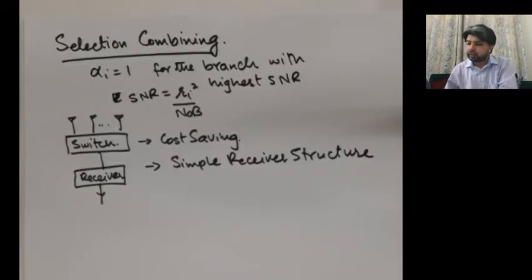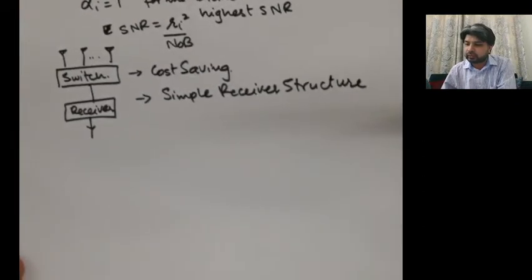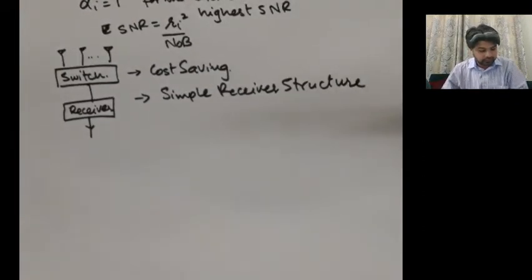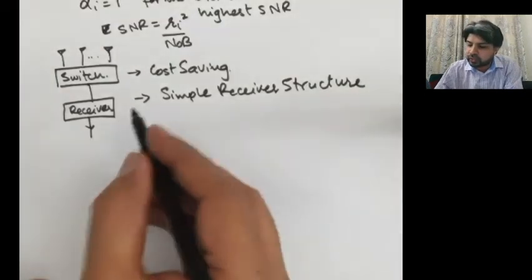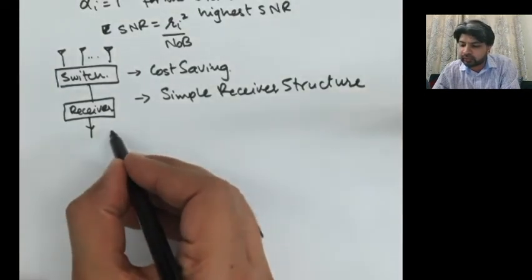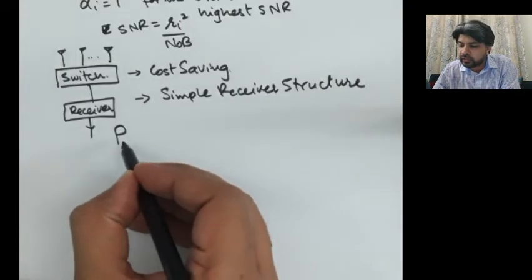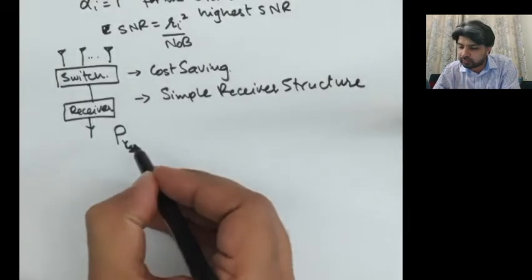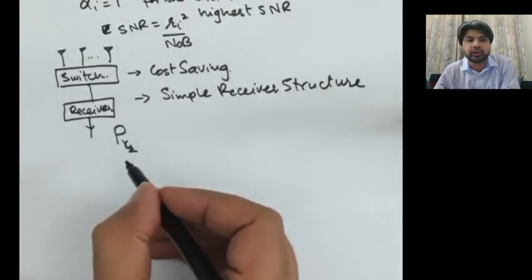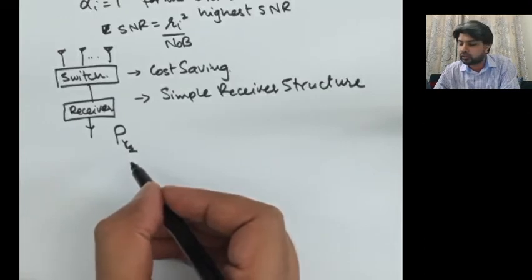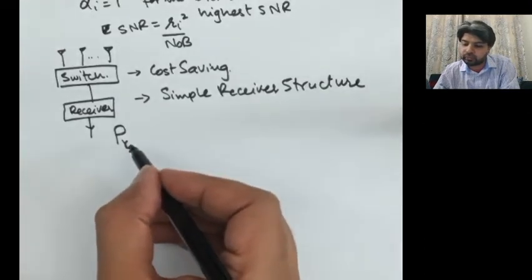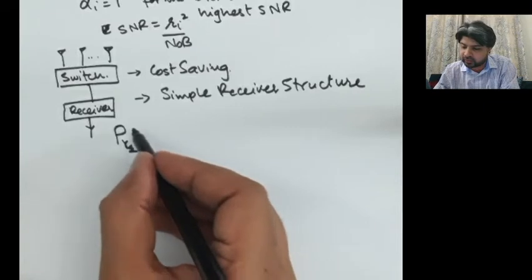We are talking about selection combining, and so let's try to find out the CDF of gamma sigma. The gamma sigma is your combiner output signal to noise ratio, since we're making use of selection combining.